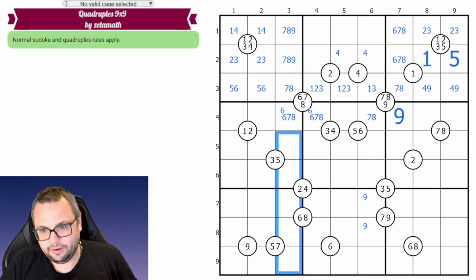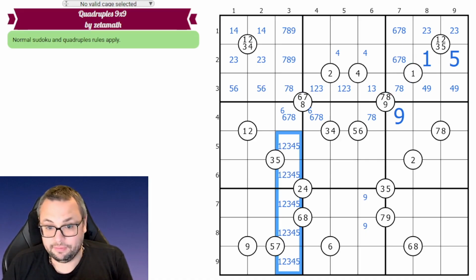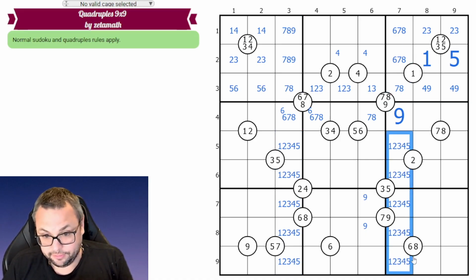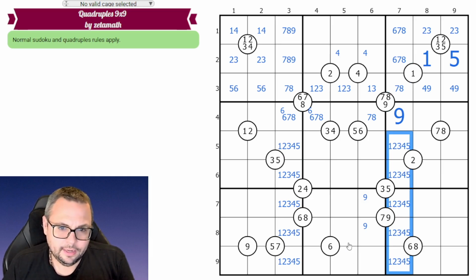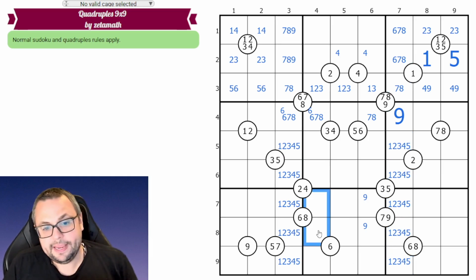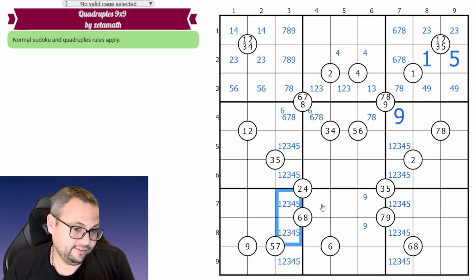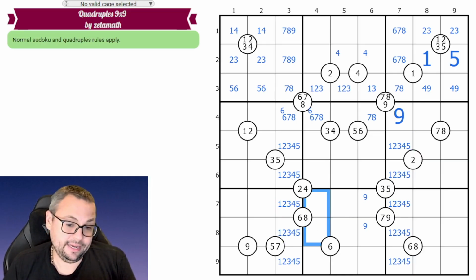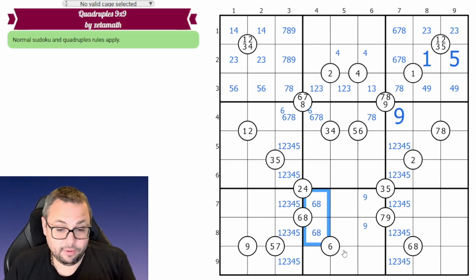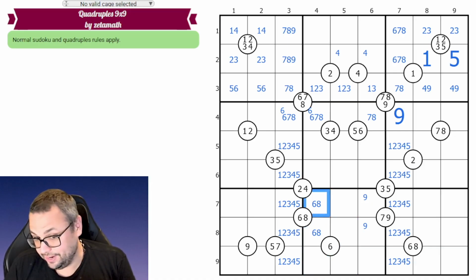So we can go ahead and fill in that these are not from 6, 7, 8, 9, and these are not from 6, 7, 8, 9. Which is going to be helpful because it now means that these two cells have to be the 6, 8. But even in this instance, we know what order they go in because the 6 in this box is not here.